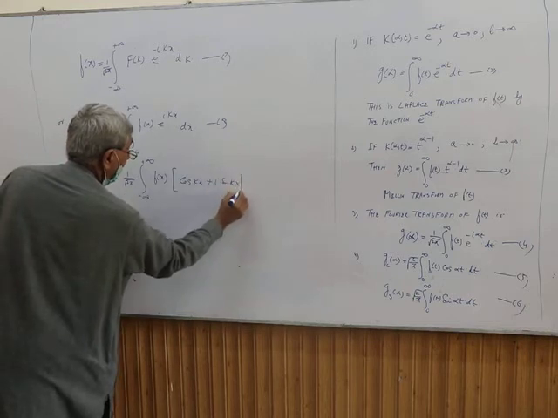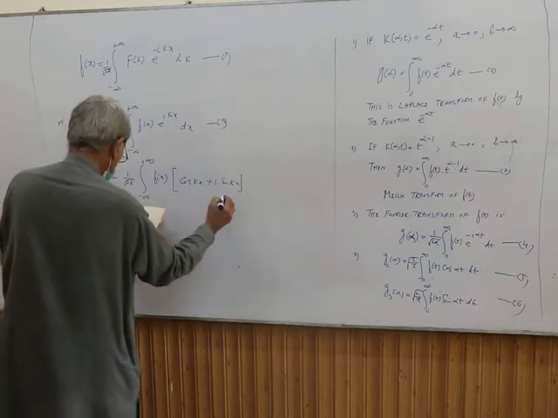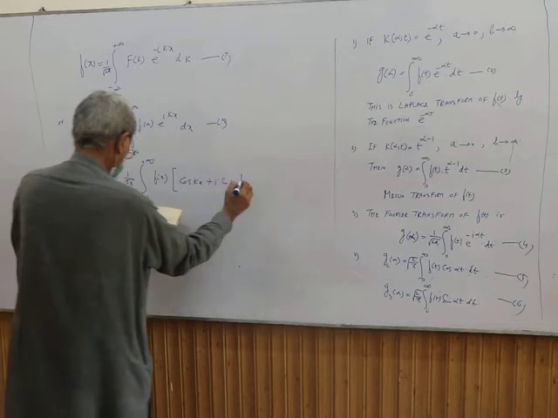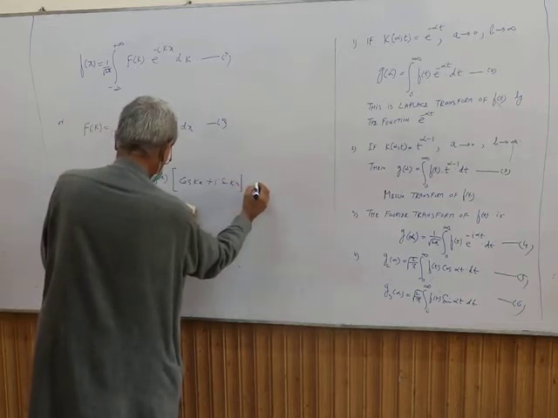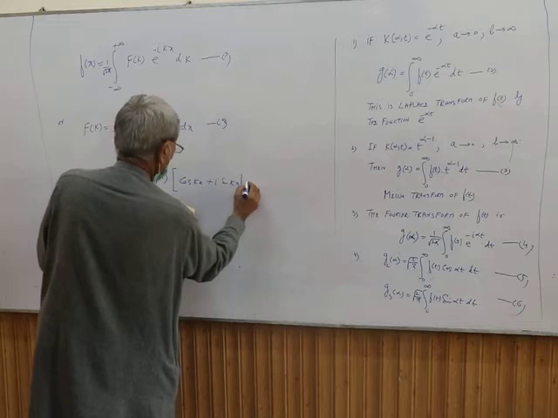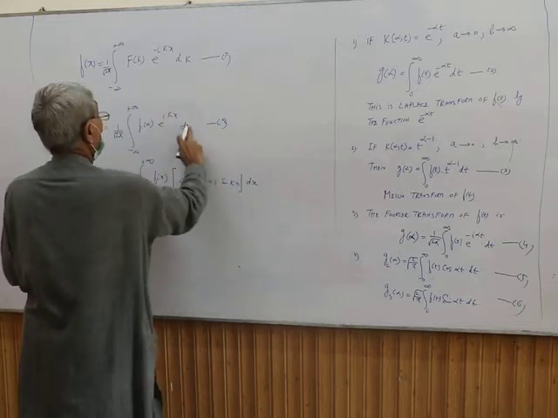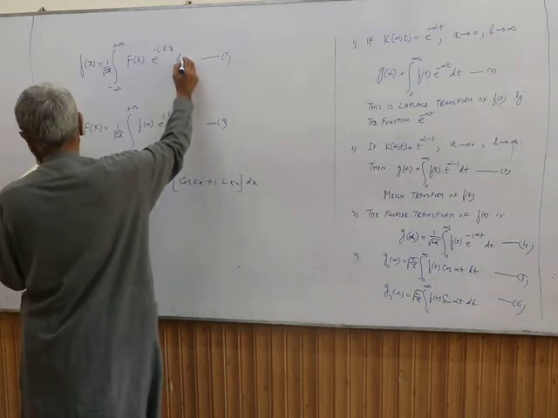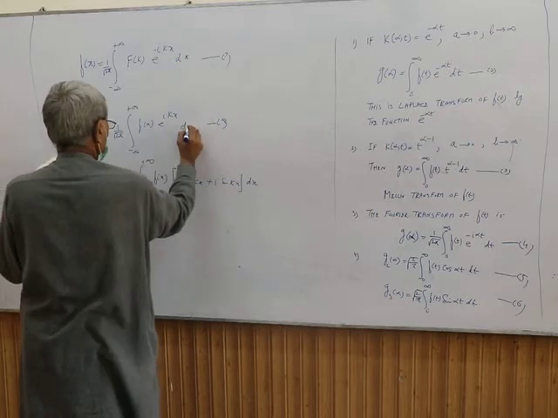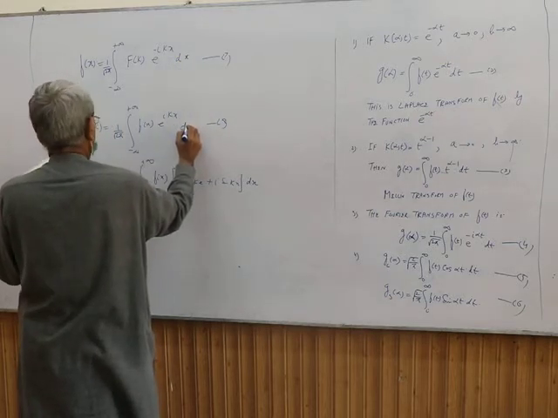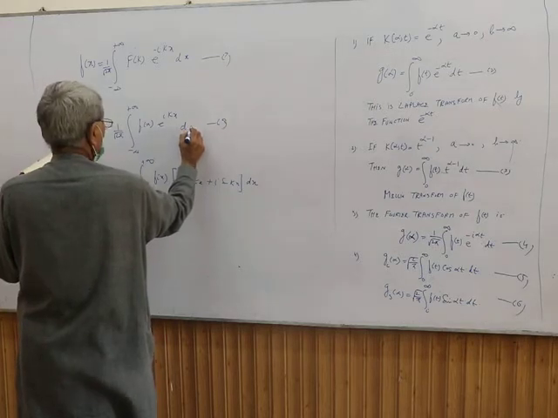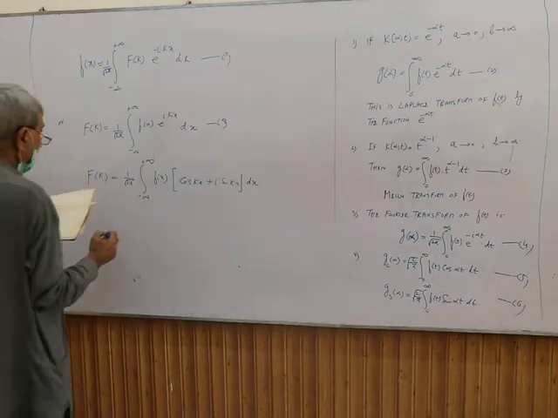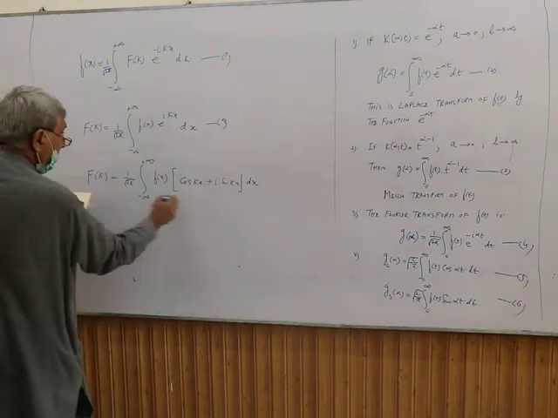This much you know from the trigonometric relationship, times dx. Sorry, I make a correction: it is f(k), it is dx, and that is dk. So this is what I have done. I have separated it into open form.